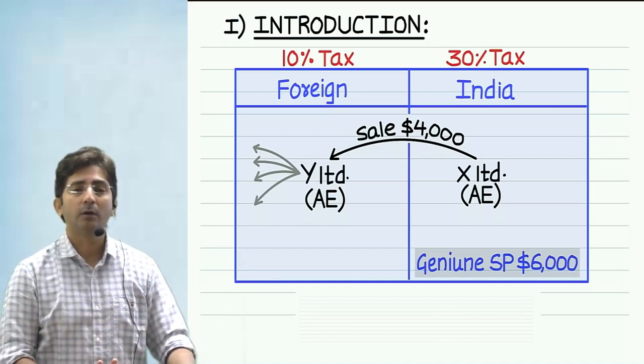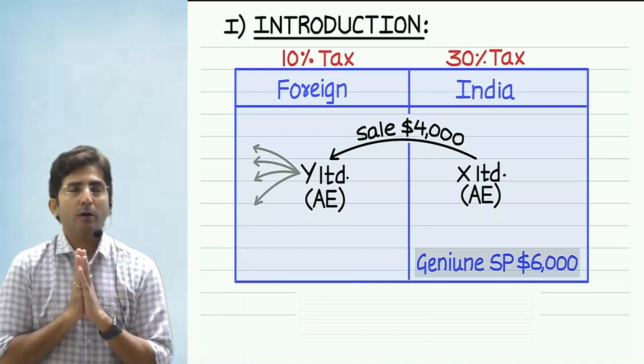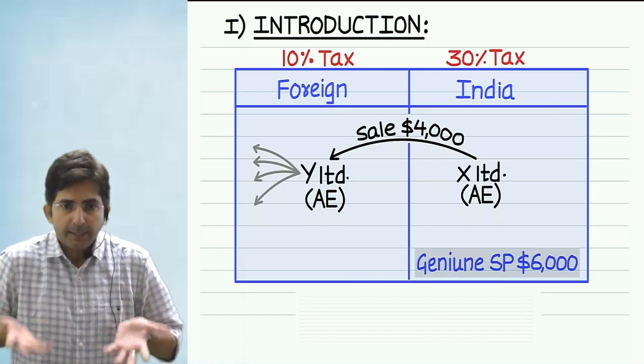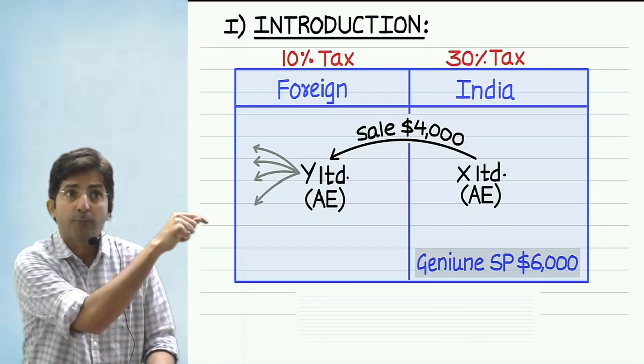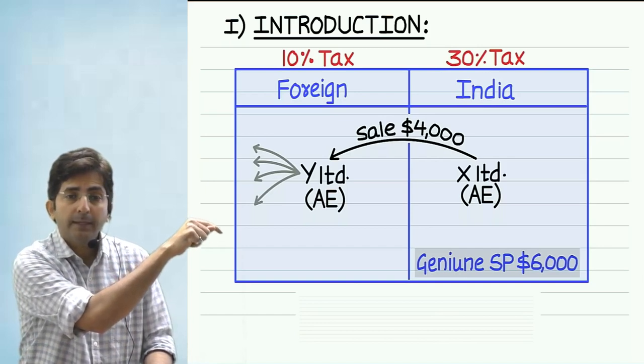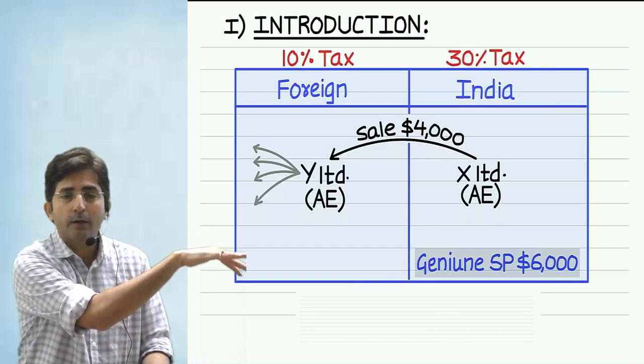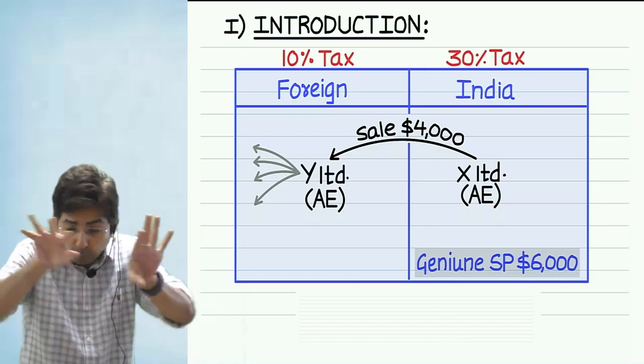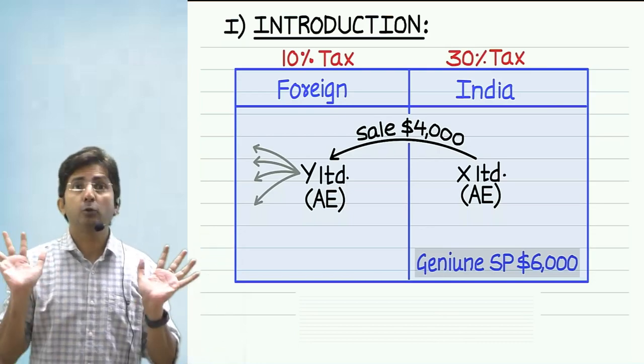Then I will not have to deal with the foreign customers. Now all the products which I make in India, I will sell to that separately formed company, ABC Limited, in the foreign country, and I will sell at a very low price, so that the sales from India look very small.